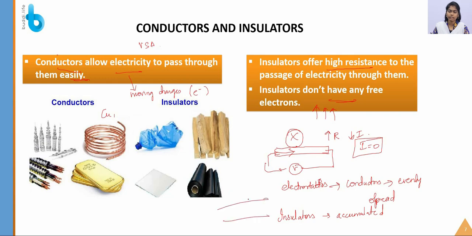For example, consider this as the surface of the wood. In this part it will have a higher amount of static charge than in this part. So there is an accumulation of charges; the charges do not spread evenly throughout the insulator. So this is the property of insulators and conductors in terms of electrostatics.